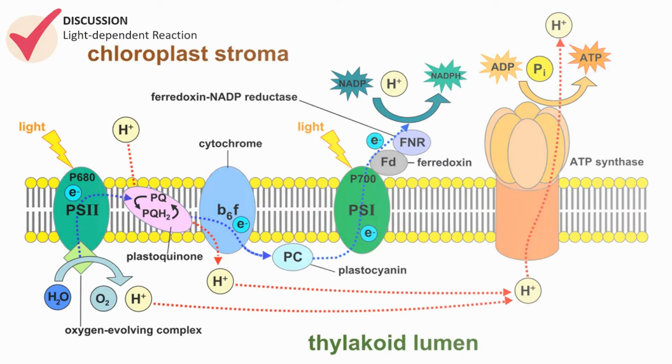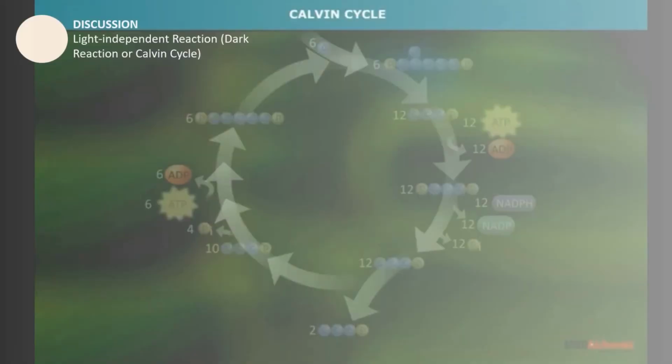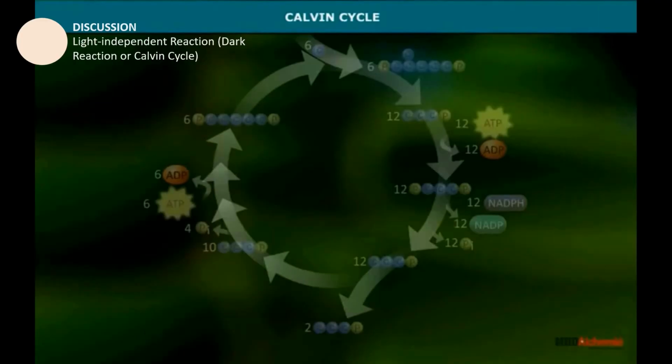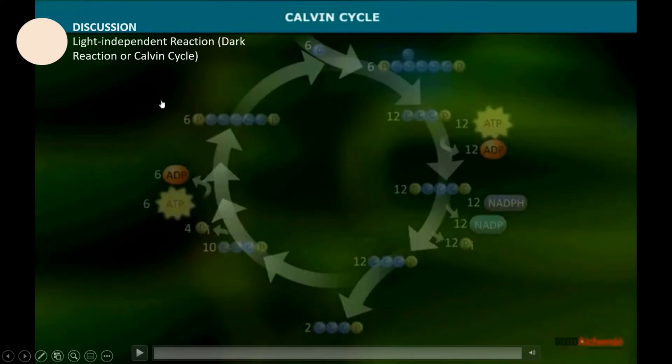Okay? And in that particular space comes the light-independent reaction or the dark reaction, also known as Calvin's cycle. Okay, so again, the light-independent reaction, dark reaction, or Calvin cycle in this case is the same thing. Okay, so pareho lang siya.